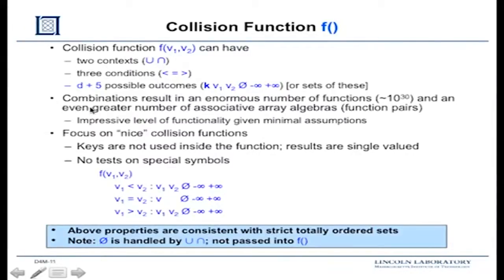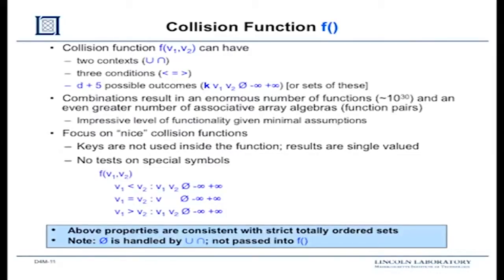So that means that you have d plus 5 possible outcomes to any collision function. The collision function could choose to output the value of its underlying key. It could produce v1 or v2 or empty or minus infinity or plus infinity, or sets of these. That's a fairly finite choice of results.